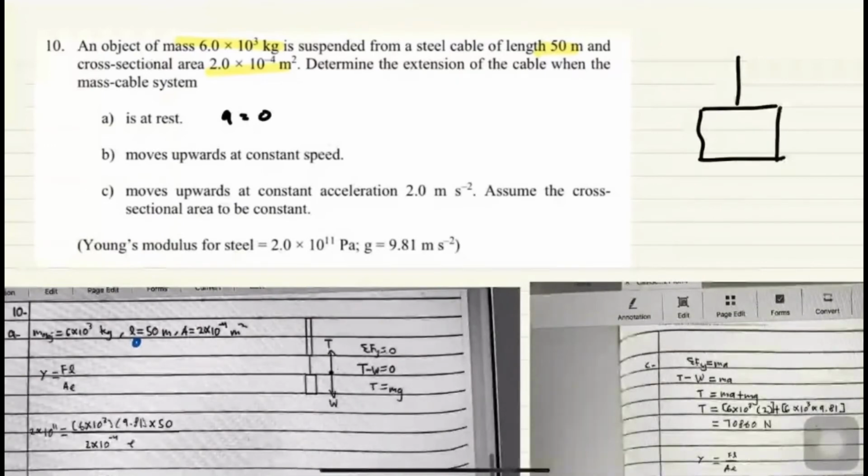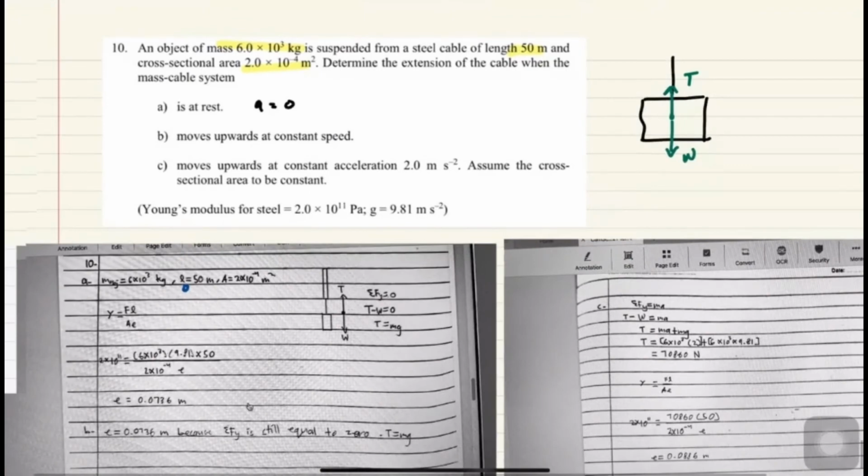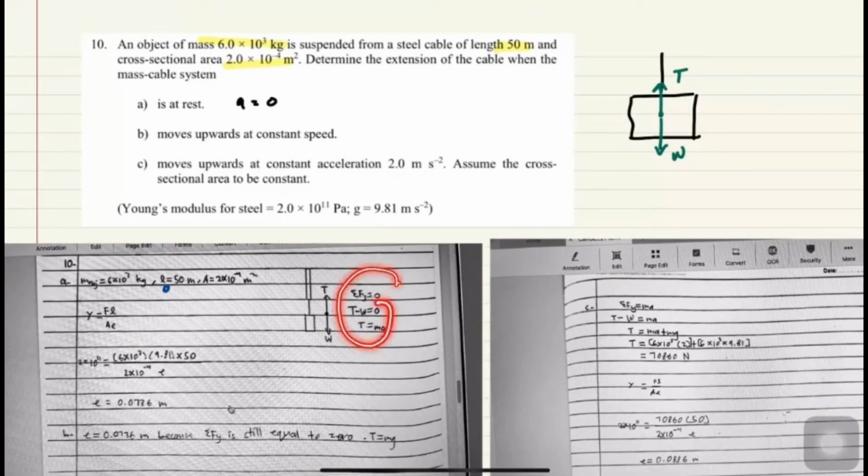So, the force that being felt, yang dirasai oleh wire ni actually adalah the tension. Kabel ni kan, tension. So, kamu ada weight that is downwards and tension that is upwards. Okay, so apa yang Bakis buat, kalau kamu perasan dia buat kat tepi ni, is that they try to cari tension tu. Okay, so the tension will be equals to the force in the formula.